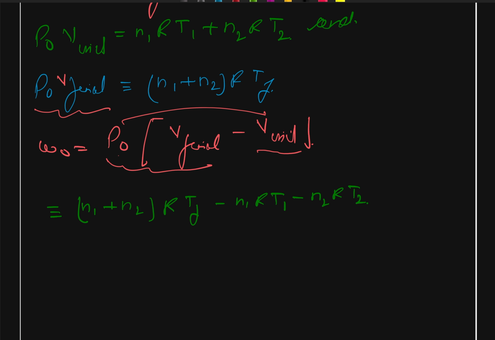Okay, so we can write that N1 plus N2 will be 4, so this comes as 4 times R, so let us take R as common, times TF minus, and this comes as our, let me put it inside the bracket, so this will be plus 2 T1, and 2 T1 is our 400, temperature is our 700 and 400.